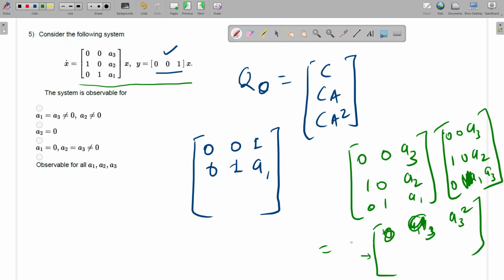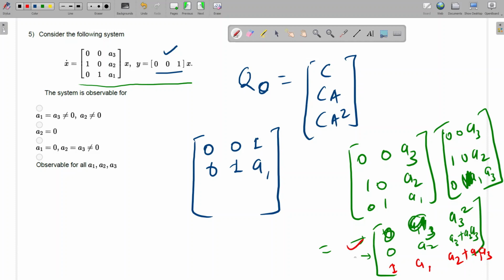Second row I am going to write, so second row will be this 0 only, and last will be A2, and this will be A3 plus A2 A3. Third row: the first element will be 1, this into this will be A1, and this into this will be A2 plus A1 A3, correct?